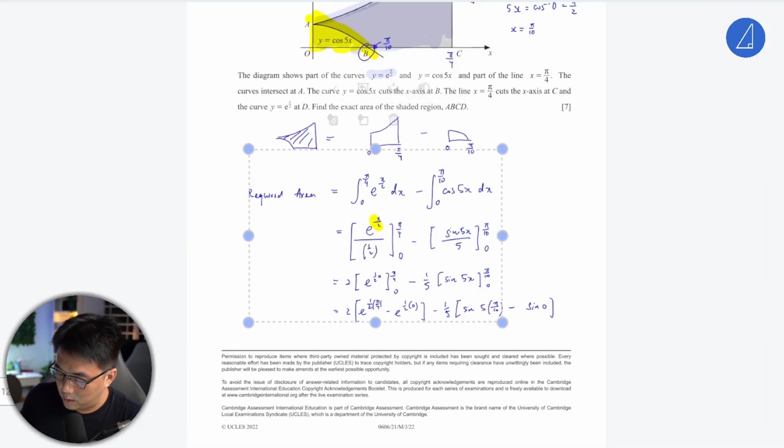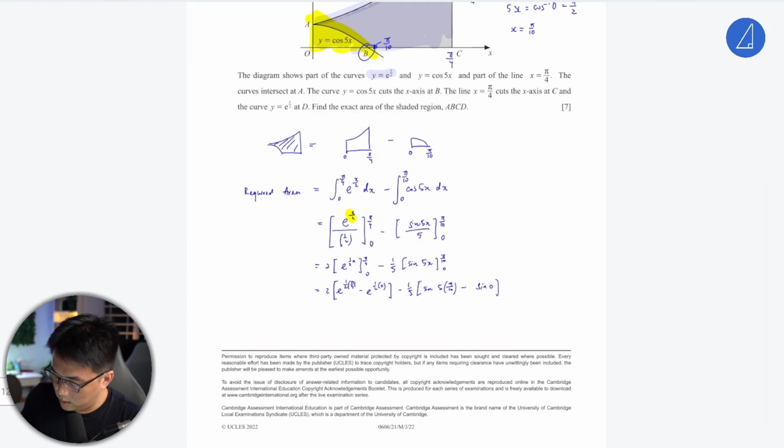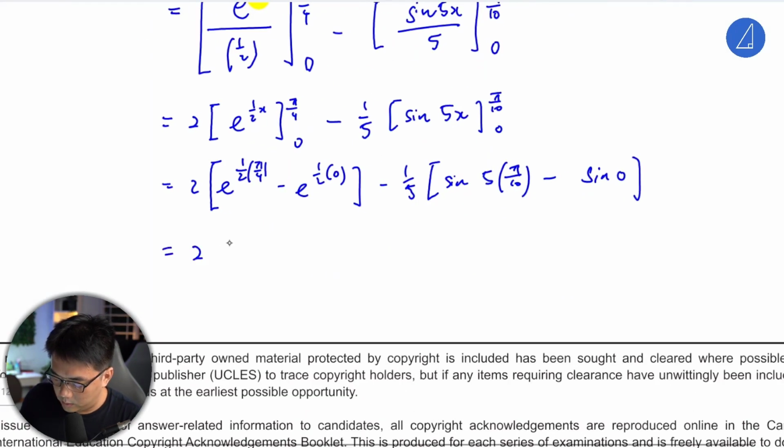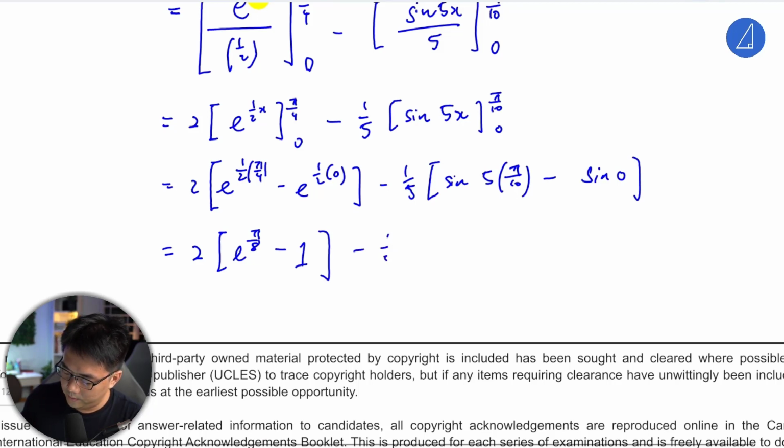I think what we need to do next is this: it is 2e to the pi over 8, since 2 multiplied by 4 will be 8. E to the power 0 is 1. Okay, so I just put this as 1. All right, then this will be half minus 1/5.